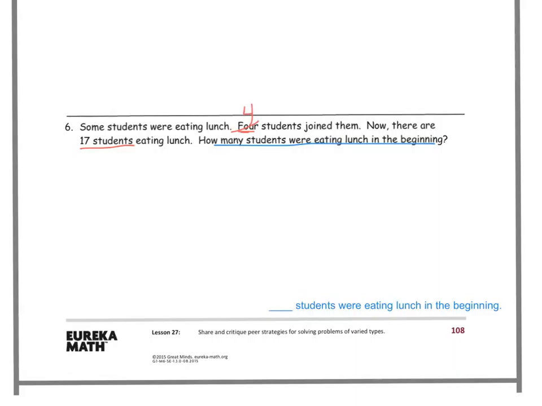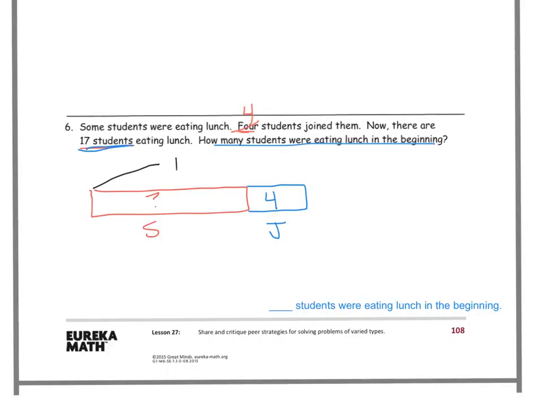And I know that there were some students. We don't know how many. But then 4 joined. And I know that it says now there are 17 students, meaning with the ones that were there in the beginning and the 4 that joined, we have 17 students total eating.